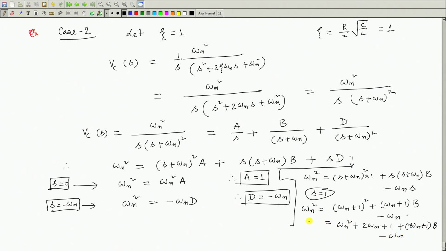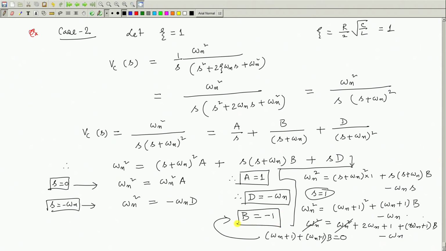Now, this omega n square goes, and this is once again omega n plus 1. So, it will be omega n plus 1 plus omega n plus 1 into b is equal to 0, from which I will get b equal to minus 1.